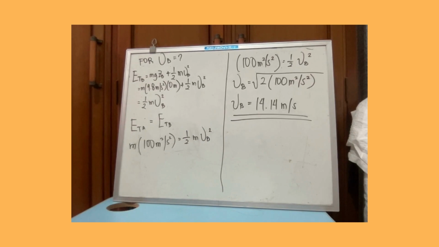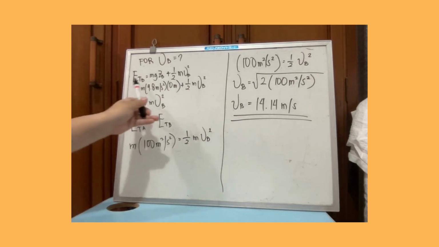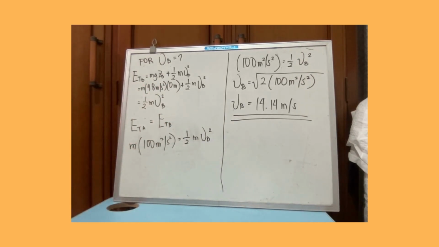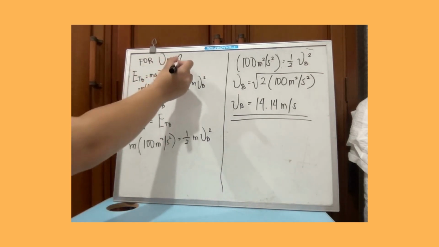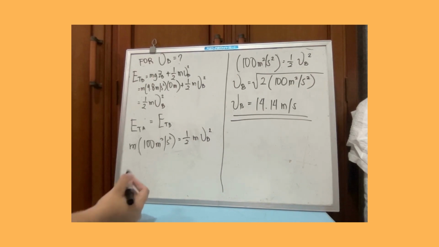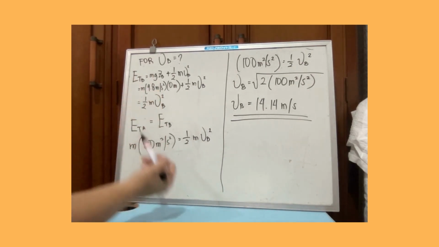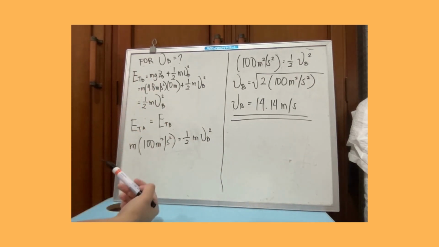Since meron tayong total energy for sub A, isasolve natin yung speed sub B. For this one, we need to solve total energy sub B. So, ito pa rin yung formula natin. Ang meron lang tayong given, kasi ang hinahanap sa speed sa B is speed where it reaches ground. So, automatic yung height natin is 0 meters.